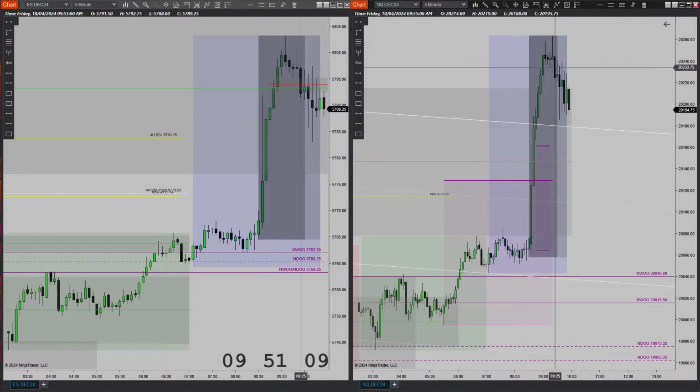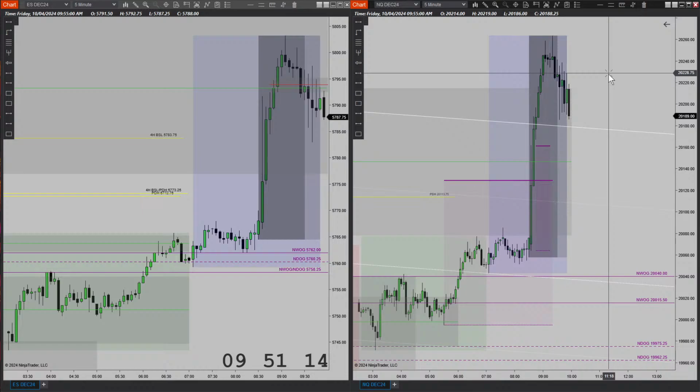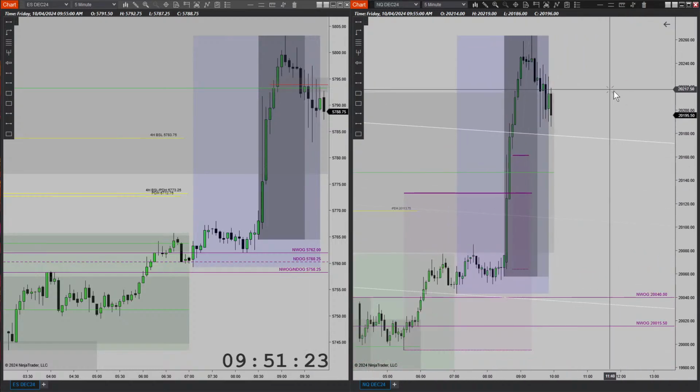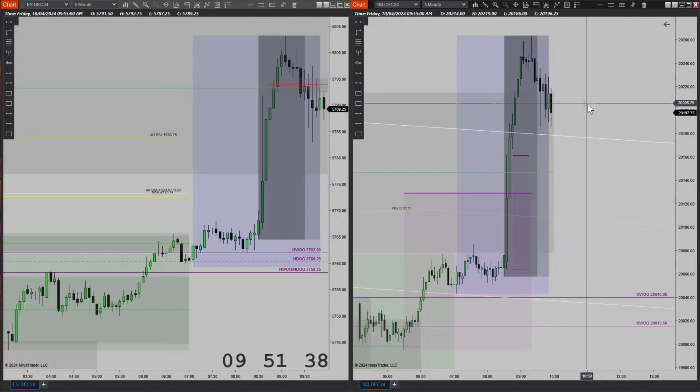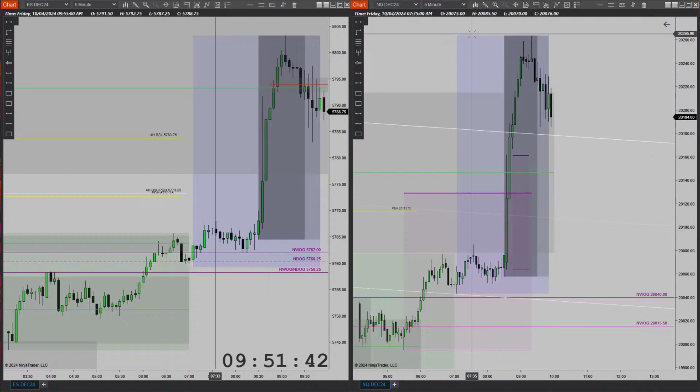Because I don't want to stay, this is kind of like sideways moves, and I don't want to do that. So we'll see. This could have been the Judas swing, but again, I want to see displacement now. I don't want to see that. Each candle has failed to close above the previous bullish candle, so I'll take my stop up here if one of the candles closes like that. But again, I still need to see displacement.